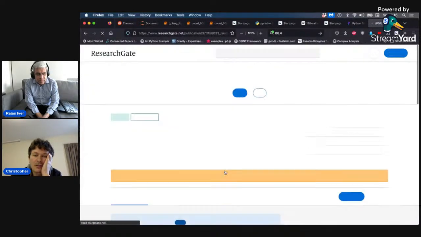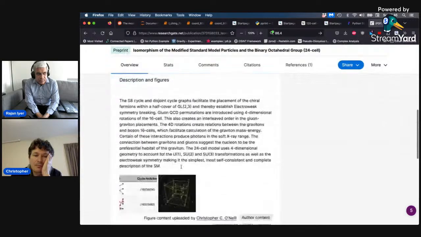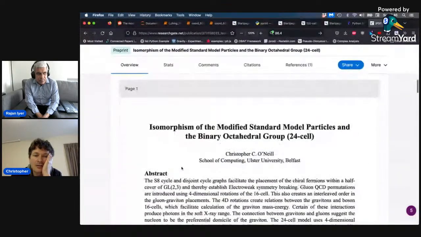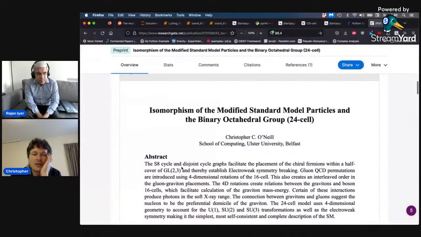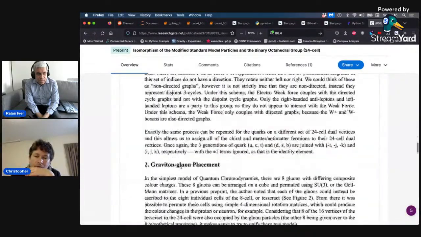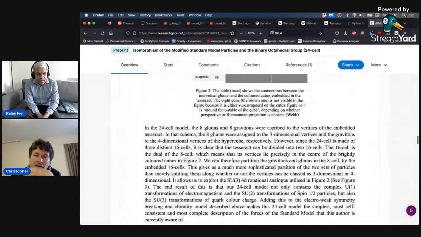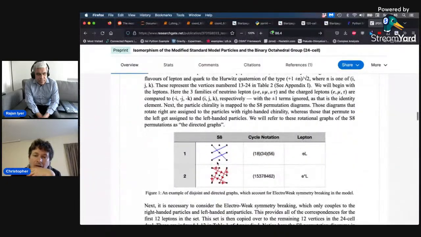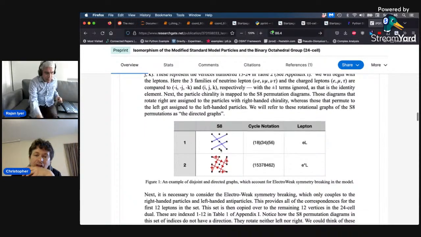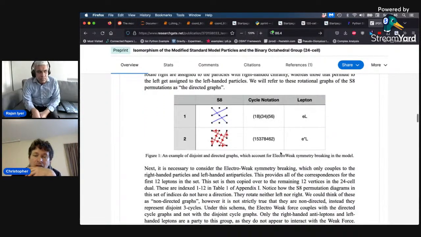One of them was to do with this set of papers on the isomorphism of the standard model modified and the 24 cell. So there was work done on that where I was able to get the weak symmetry breaking based on directed graphs and non-directed graphs, if you like, or tree cycles.